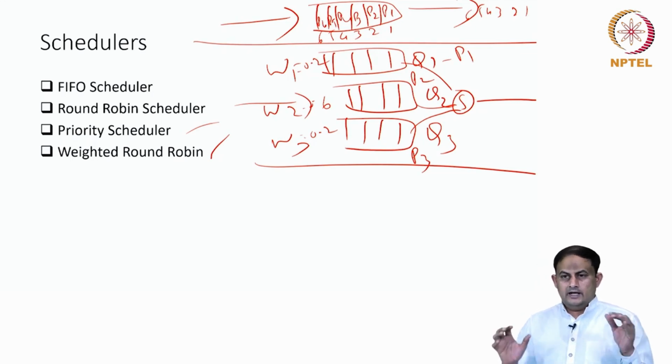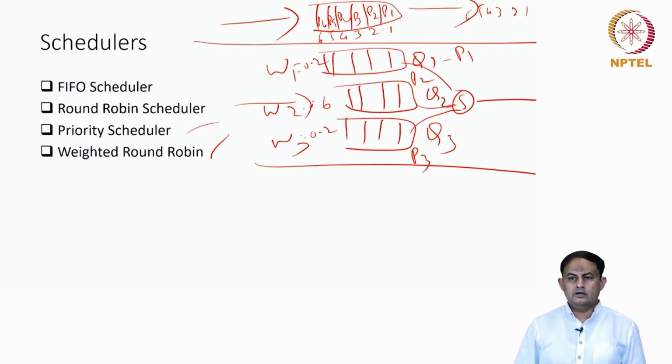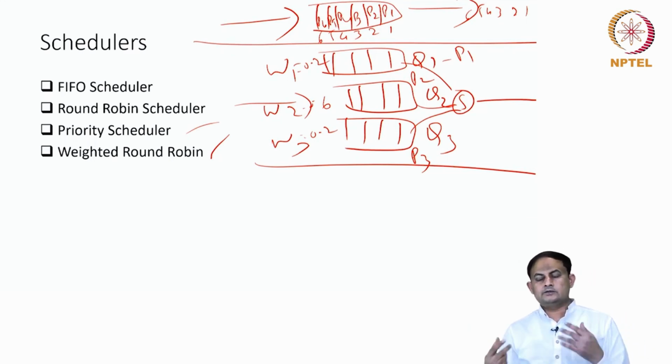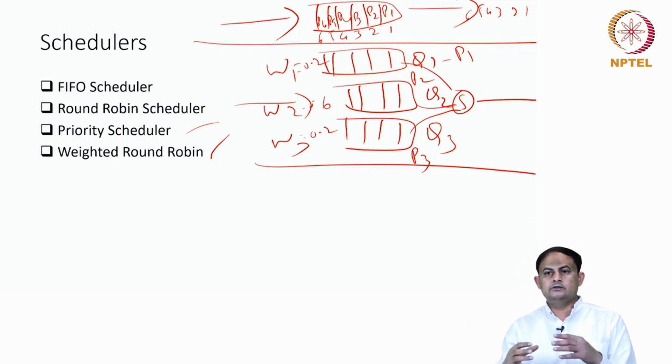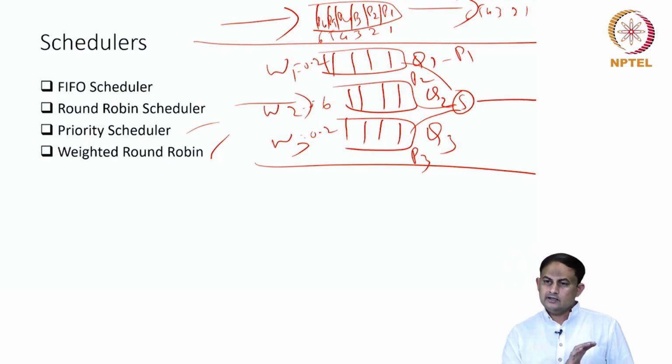So, like that I can define a notion of weights, and accordingly, whatever the weight is, I pick up the packets from different queues and then transmit them. That is the weighted round robin. I go in round robin fashion, but at the same time I alter the number of packets picked up from each queue, which is dictated by the weight assigned to that queue, and then you transmit.